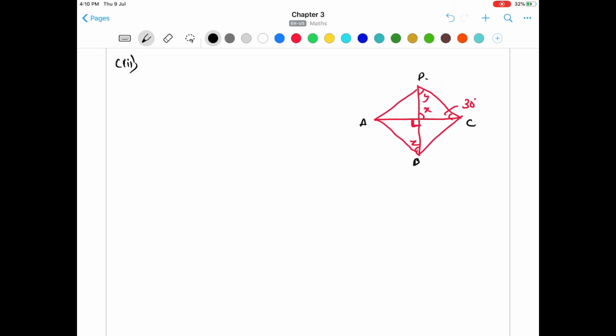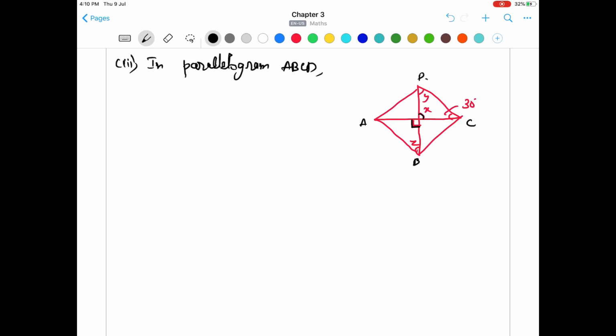Okay, so now let's write: in parallelogram ABCD, as this angle is given as 90 degrees, its vertically opposite angle x will also be equal to 90 degrees.